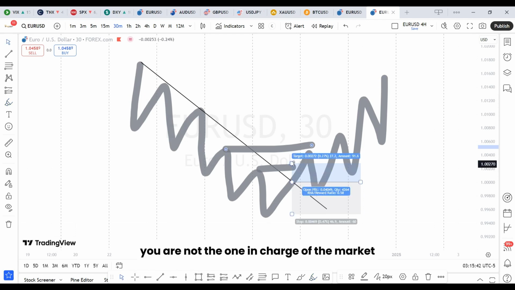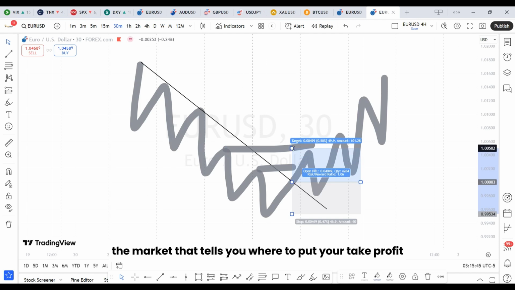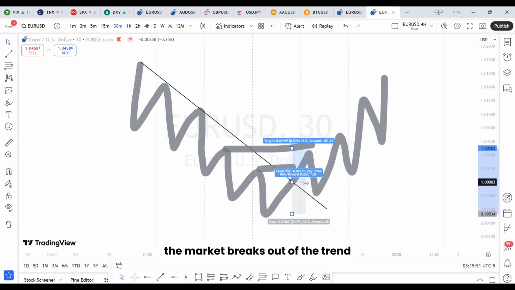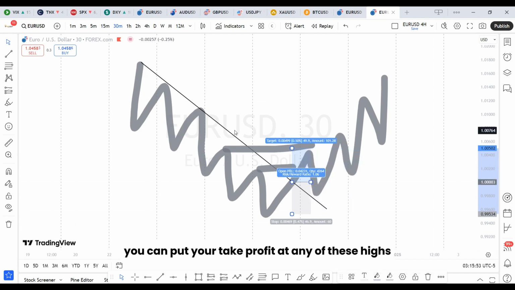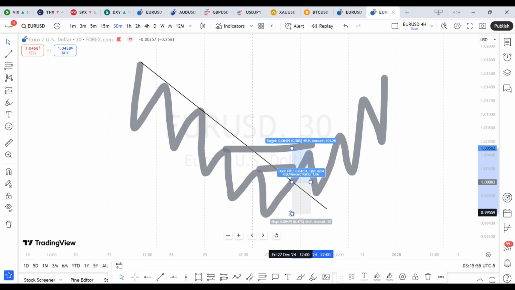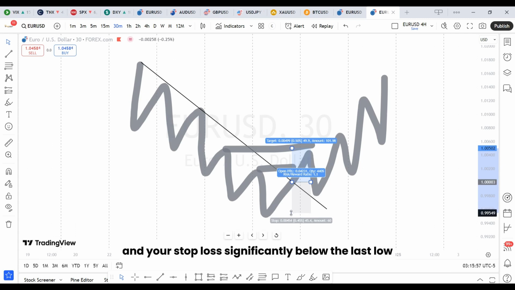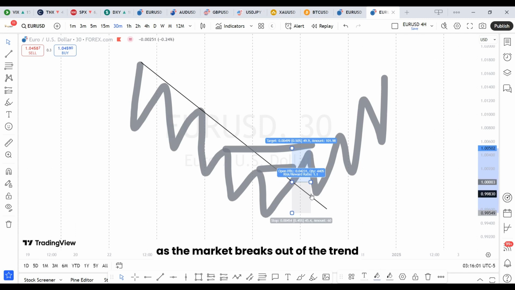Remember I told you, you are not the one in charge of the market that tells you where to put your take profit and where to put your stop loss. You can put your take profit immediately the market breaks out of the trend. You can put your take profit at any of these highs and your stop loss significantly below the last low as the market breaks out of the trend. Remember, as the market breaks out of the trend and you take the trade, this is going to be a 1:1 risk to reward trade, which is a very good trade, I told you.